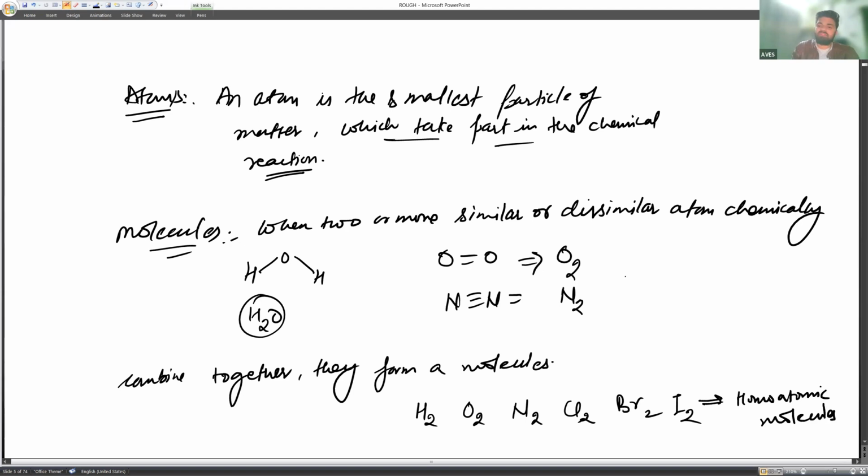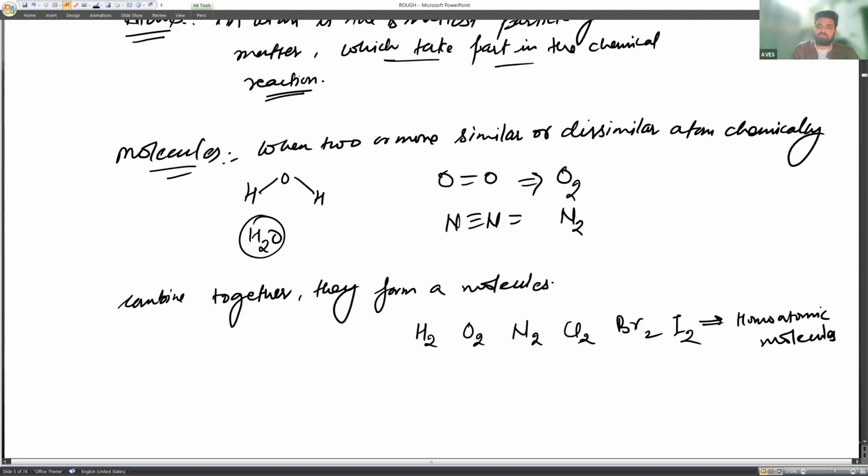And the next one, for example, one nitrogen atom and three hydrogen atoms chemically combined together form the ammonia molecule.